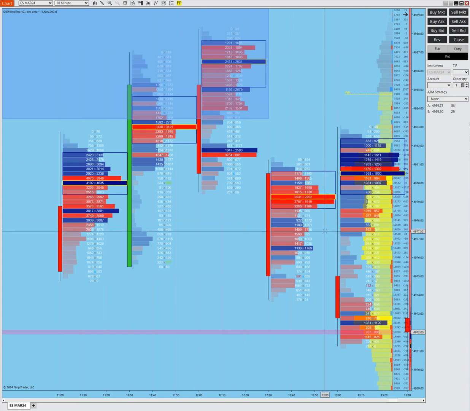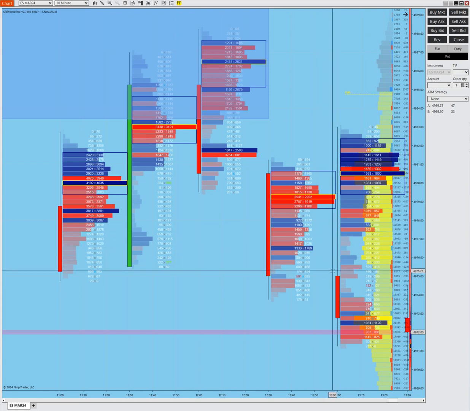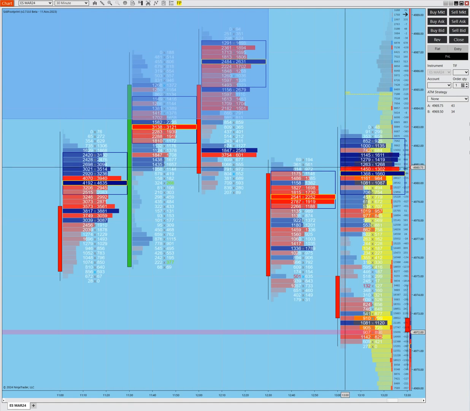This was a bit dangerous here, but when we popped higher here, I actually added to my short, because when I jumped into the trade initially, it was a decent size, but it wasn't a heavy size. When we ended up popping up here, and you see all this blue up here? This was telling me that there was a lot of trapped longs.